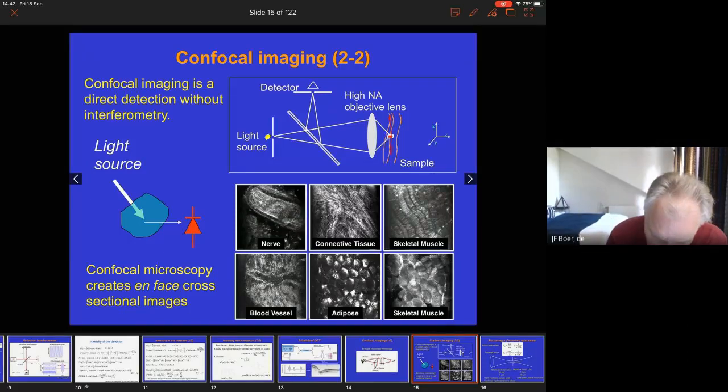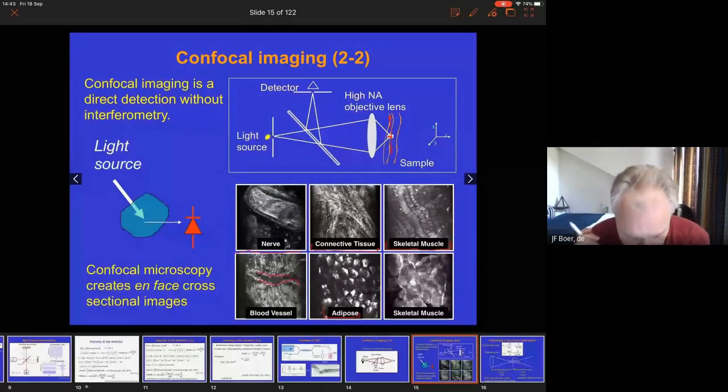This is an image of nerve tissue. This is an image of connective tissue, which means collagen. We can look at muscle tissue. This is skeletal muscle. We can look at the blood vessel. So here you have a blood vessel. We can look at adipose tissue. Adipose tissue is fat, and again, skeletal muscle.